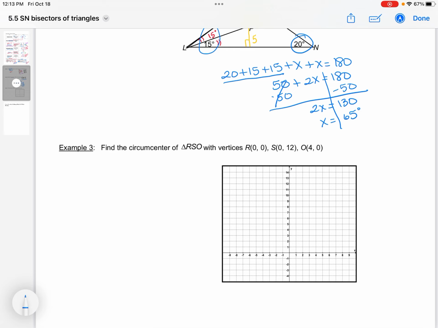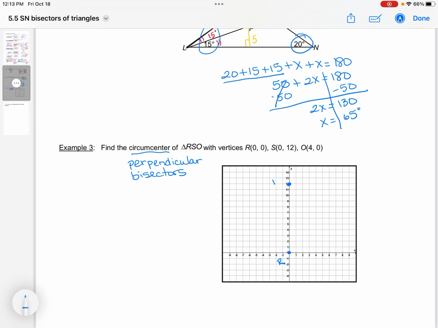So we're going to find the circumcenter of a triangle, which means perpendicular bisectors. This is going to be one of those lines that might take a long time, but we can do it. All right, so RSO: R is at 0, 0.